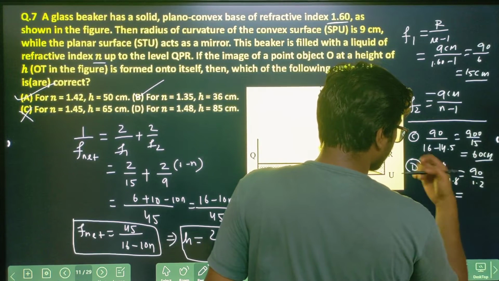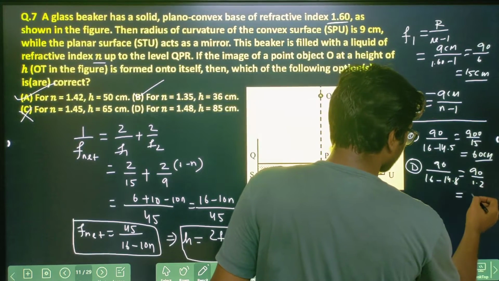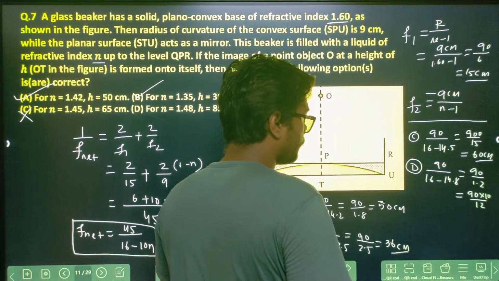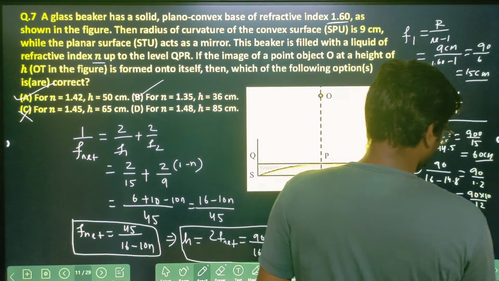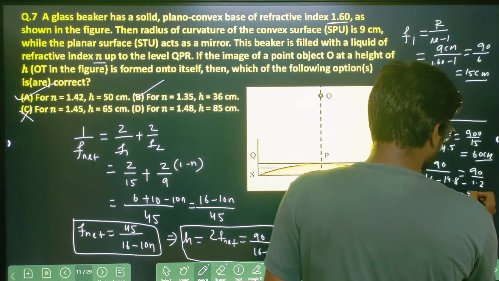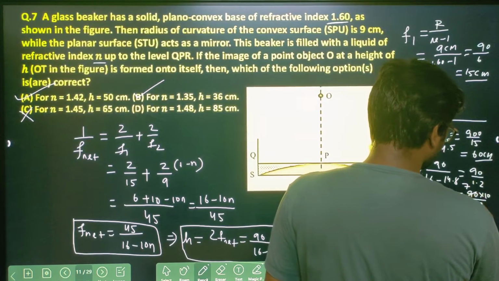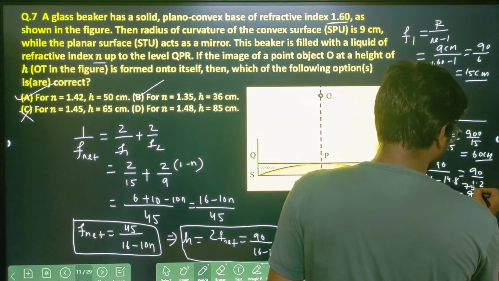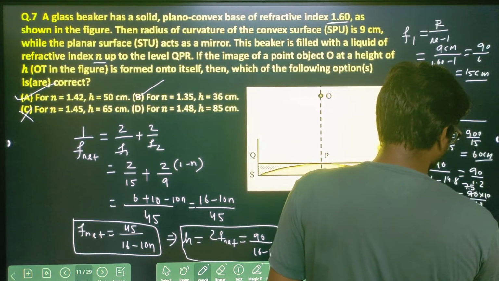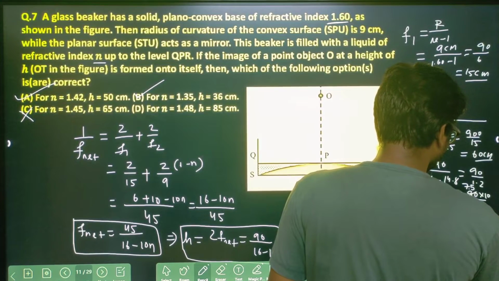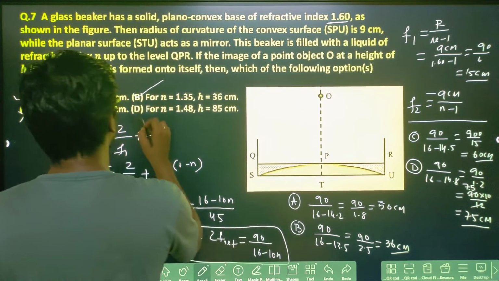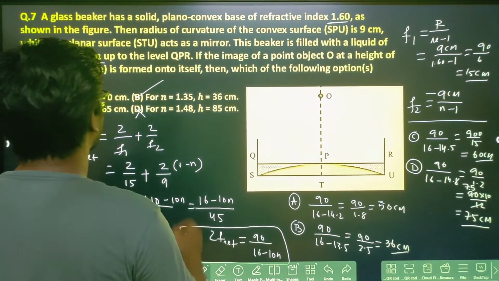So 900 divided by 12, so it will be 90 into 10 divided by 12, which is 7.5. So this will come as 75 centimeter. Clear? They have given 85. So D is also incorrect. So A and B are correct here.